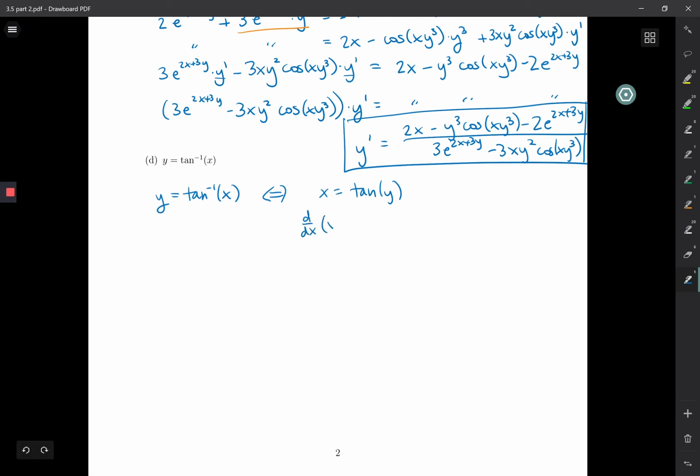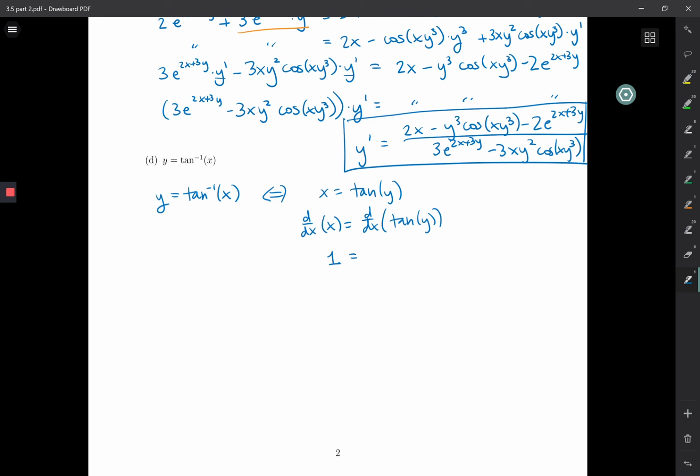Using implicit differentiation just means I take the derivative of both sides and I assume that y is a function of x, right? So on this side, the derivative of x is just 1, so we get 1. And on the other side, we have y inside of tangent, so we use the chain rule.